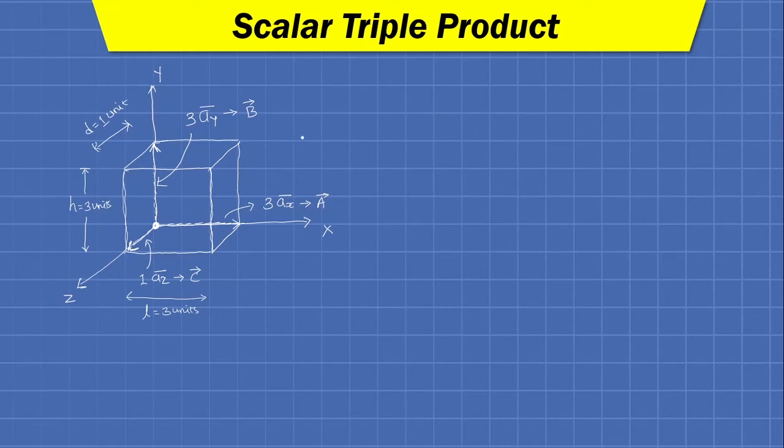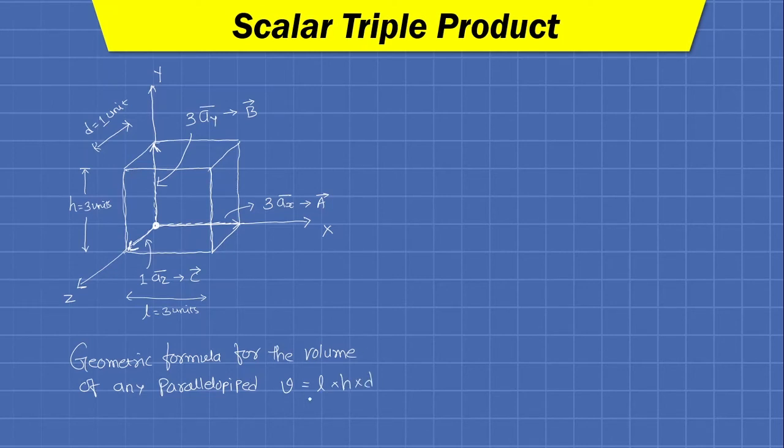Now using the geometrical formula for the volume of any parallelepiped, we all know that the volume of a parallelepiped is nothing but length into height into depth or width.